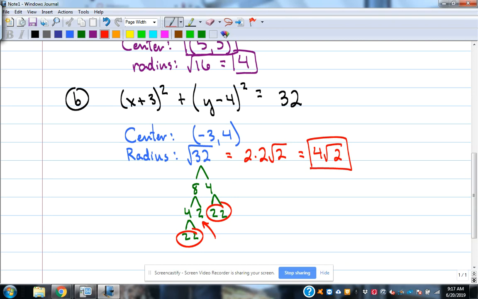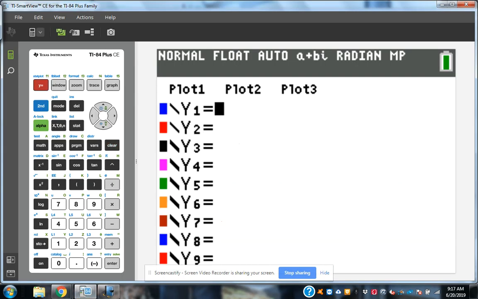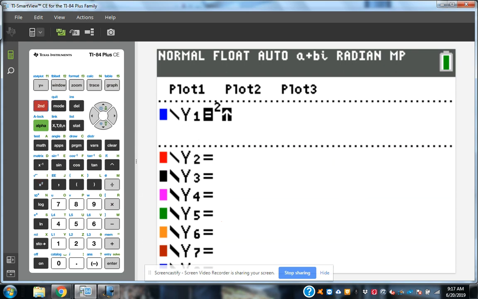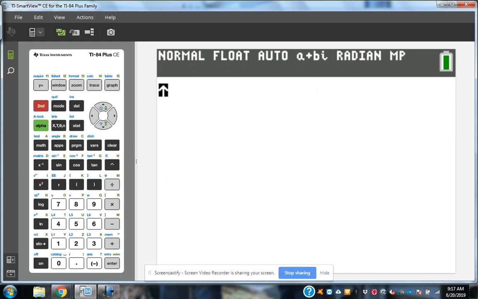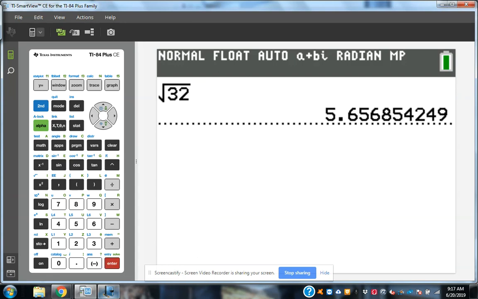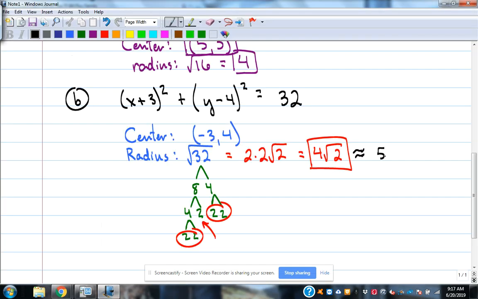If you were having to graph this, which we won't do very much, you would probably want a decimal equivalent for the square root of 32. Square root of 32 as a decimal is 5.66.